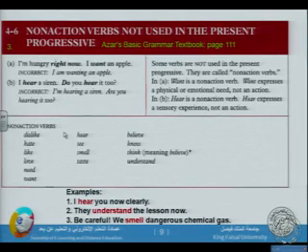So is that clear? It's very easy, right? And try to remember the shape of the present progressive verb. You should add ing to the verb, and the verb should be preceded by verb to be, which is is, are and am, and after it comes the verb with ing.